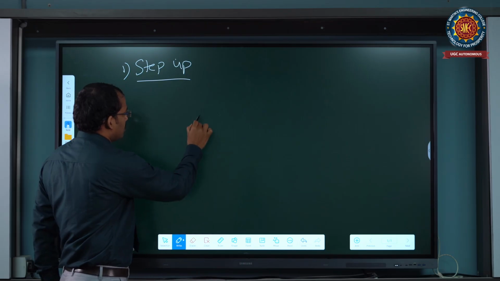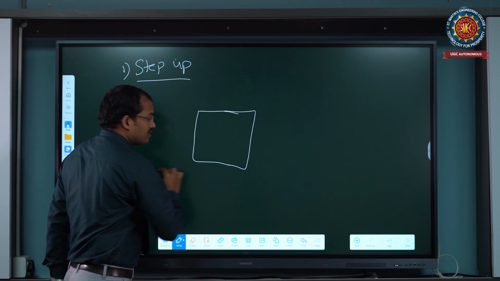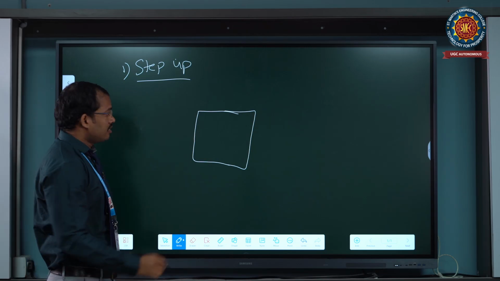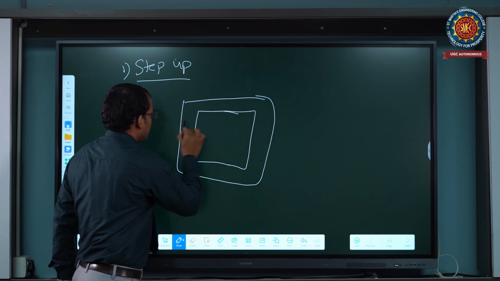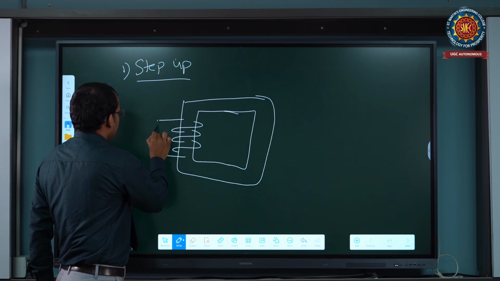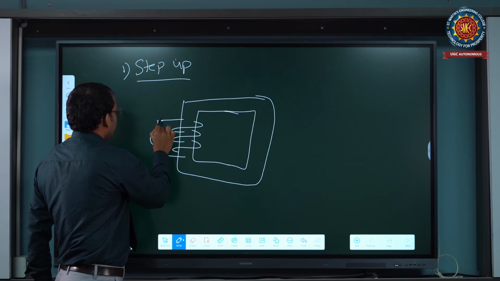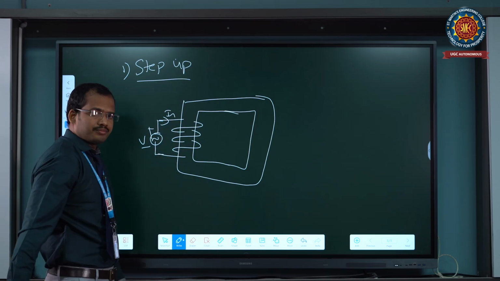See the basic diagram of the step up transformer. Again a rectangular shape of transformer, with the input side, voltage connected, and current I1.